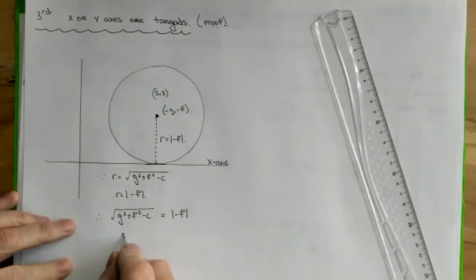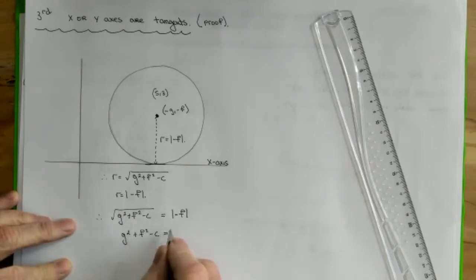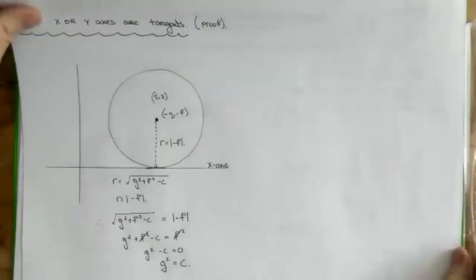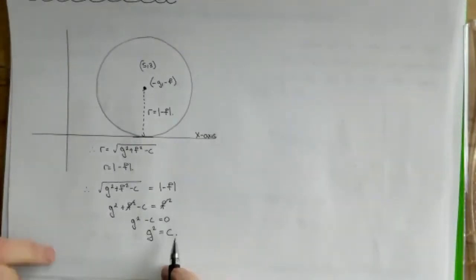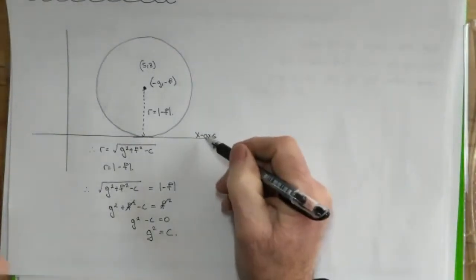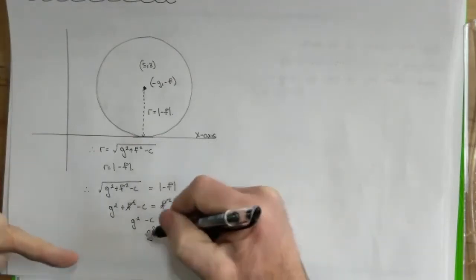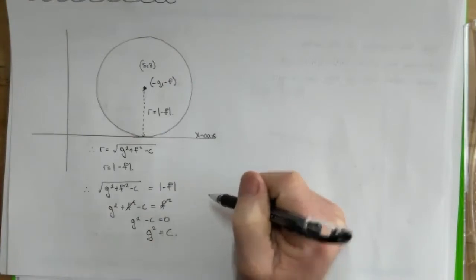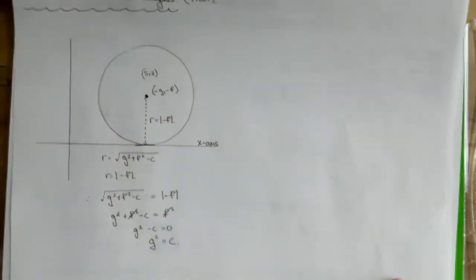Square both sides. g squared plus f squared minus c is f squared. They cancel. g squared minus c is 0. So g squared is equal to c. And you've got to know this off. If the x-axis is a tangent, well, that means that g squared has to be equal to c. And I hope you would understand that little proof.